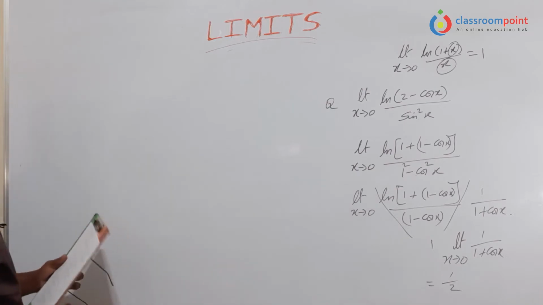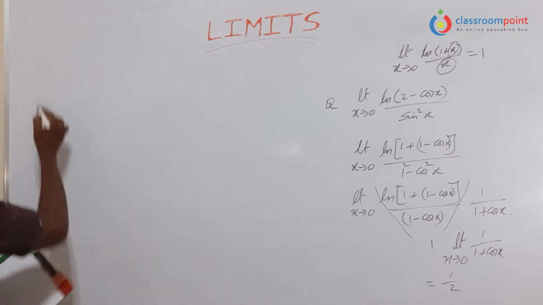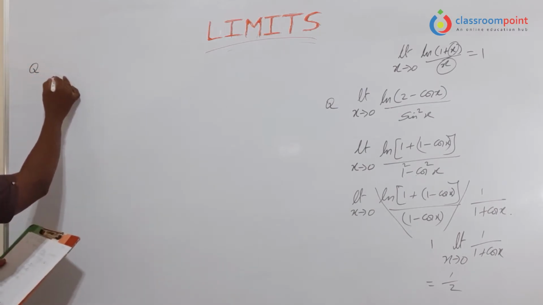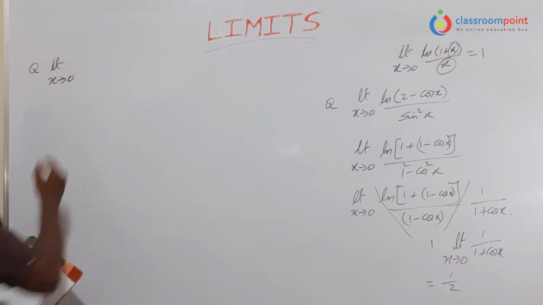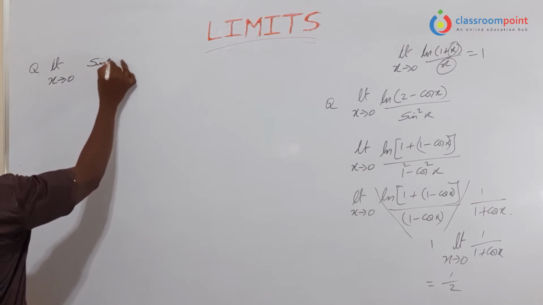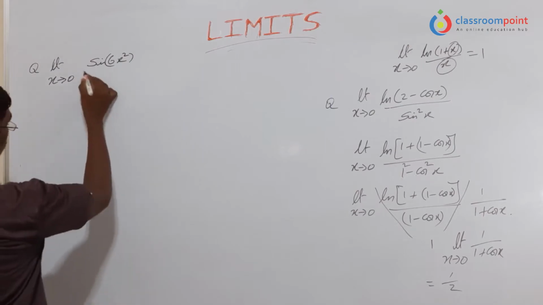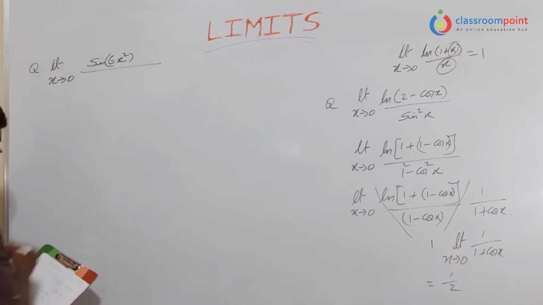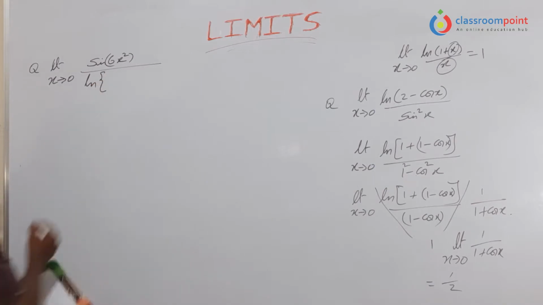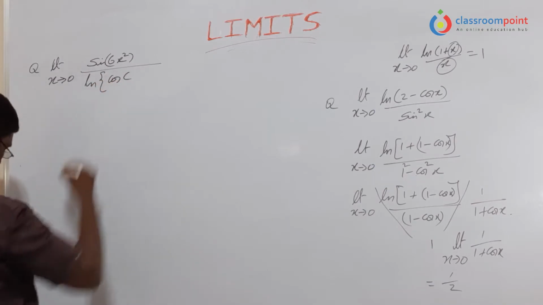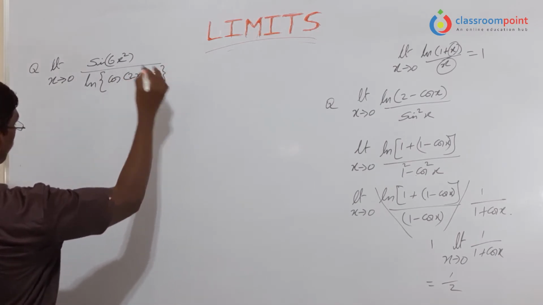Second example. Limit x tends to 0, sin of 6x square whole divided by ln of cos of 2x square minus x.